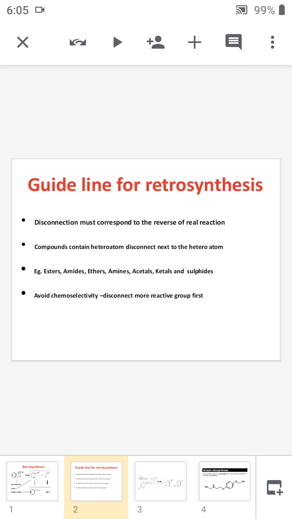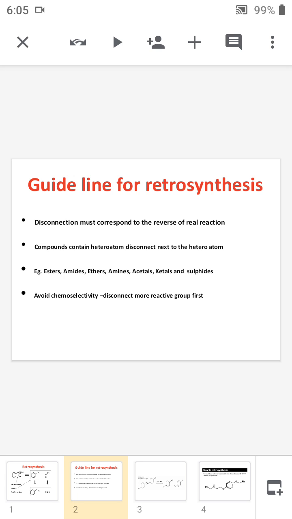Chemoselectivity means if a target molecule contains more than one functional group, and we disconnect one functional group, it will make some issues, because the other reagent, while we are synthesizing the same target molecule, will attack more than one functional group.